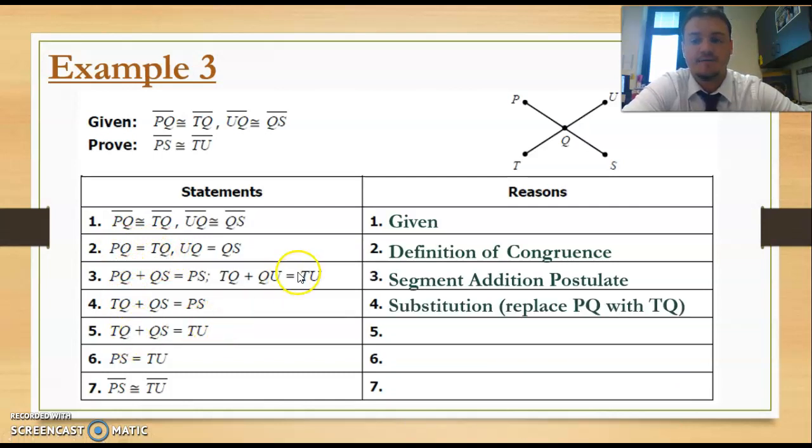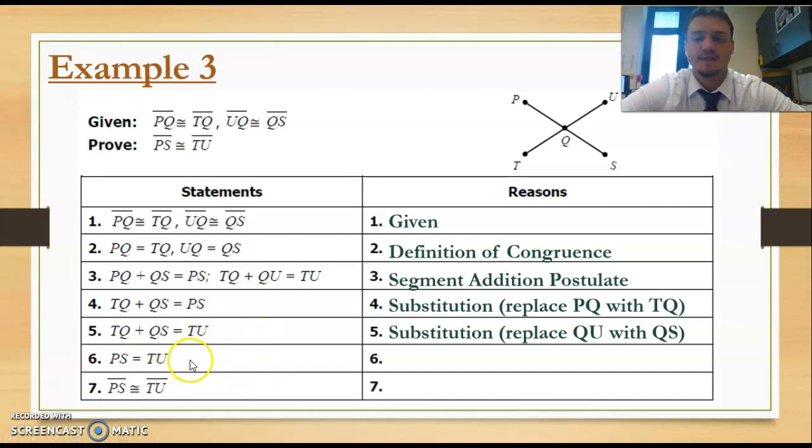In statement 5, we're manipulating this statement right here. We know that UQ, which is the same as QU, is equal to QS, so we can substitute the QS in for QU, and that's what we have for statement 5, replacing through substitution.